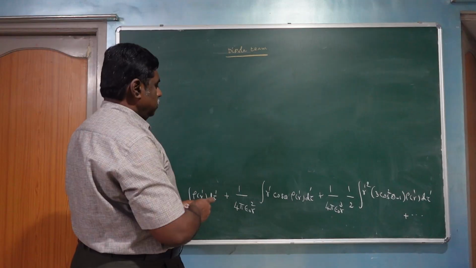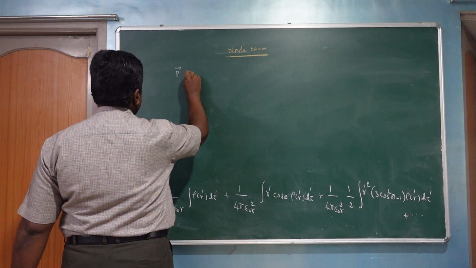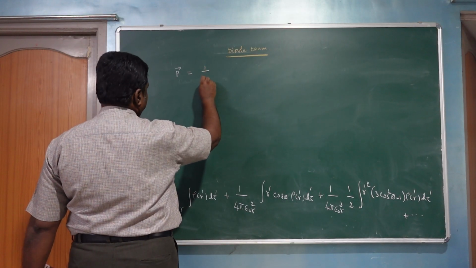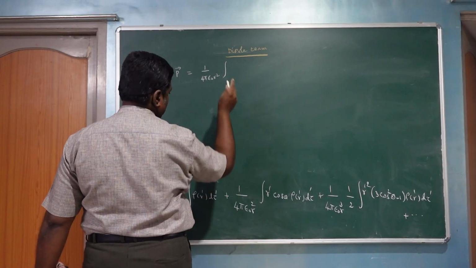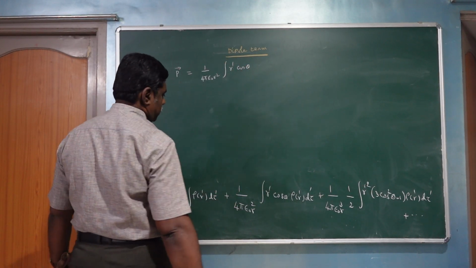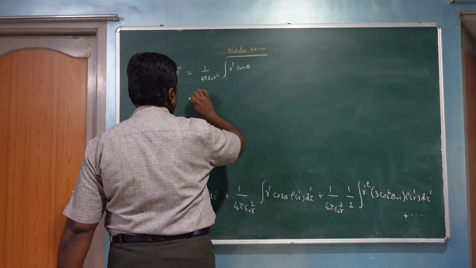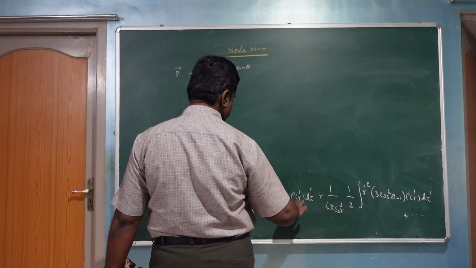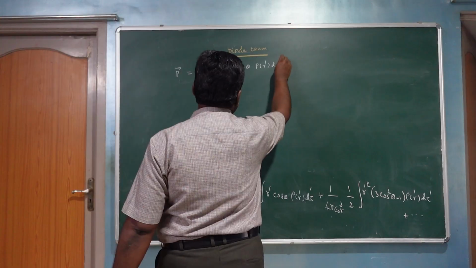See this dipole term, it's a vector which is equal to 1 divided by 4 pi epsilon naught r square, integral of r dash cos theta rho of r dash d tau dash.